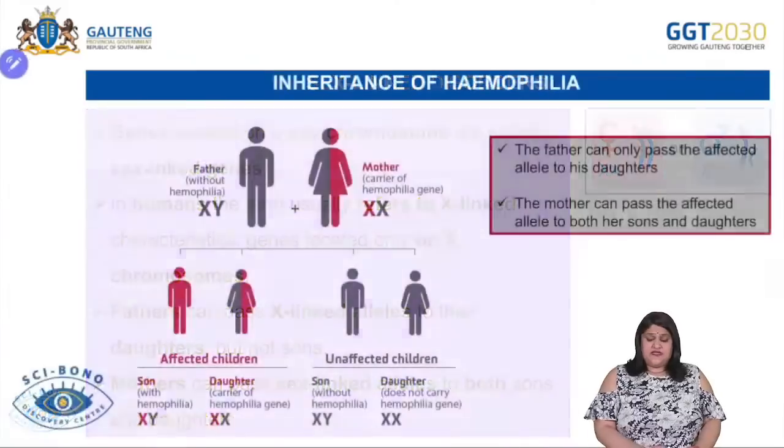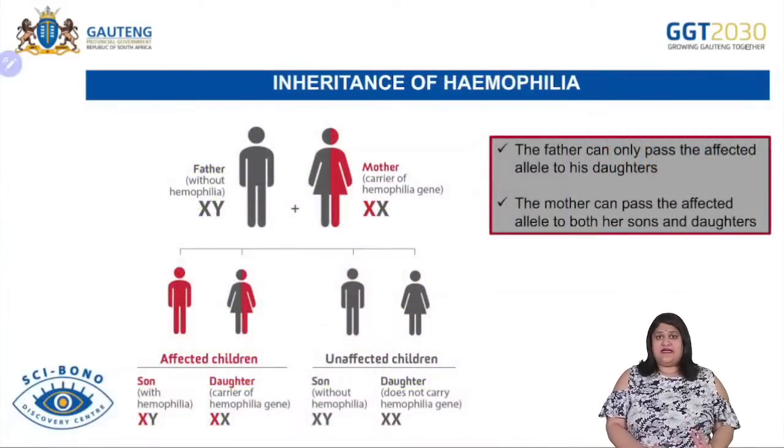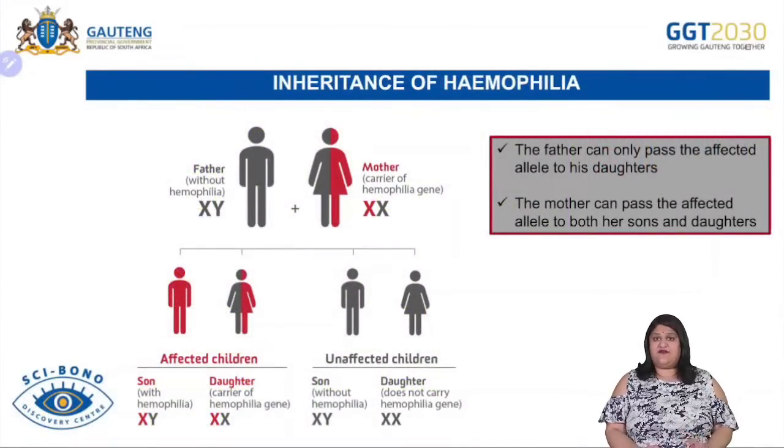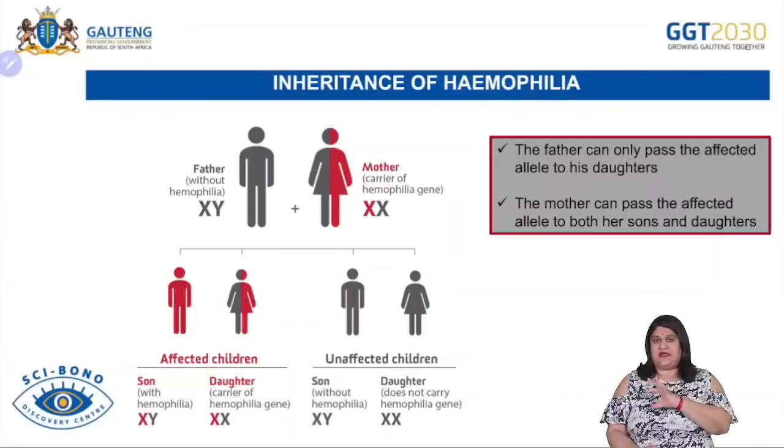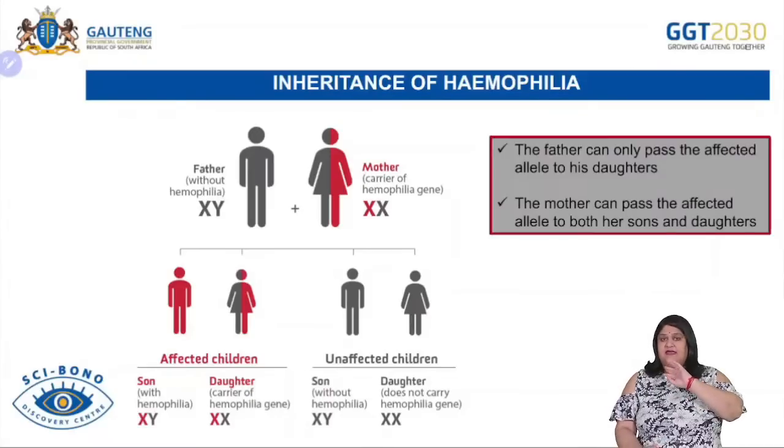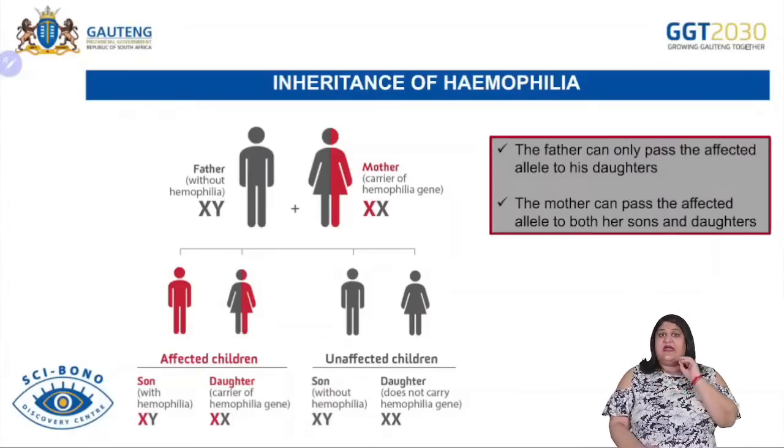Okay, so these are the two sex-linked disorders that you need to know that are part of the examination guideline: hemophilia and color blindness. If you are asked a genetic cross and they tell you it's hemophilia or they tell you it's sex-linked, you must remember that you need to use your X and Y as alleles for your father and X and X for the mother.